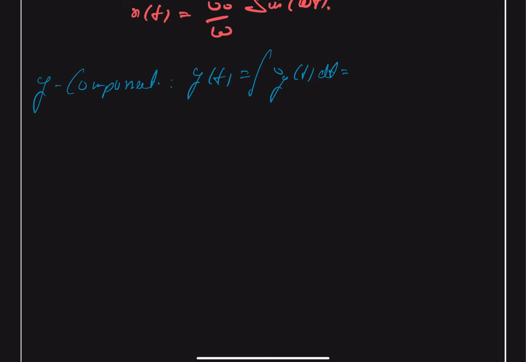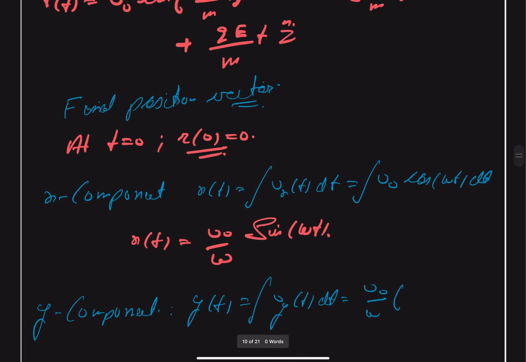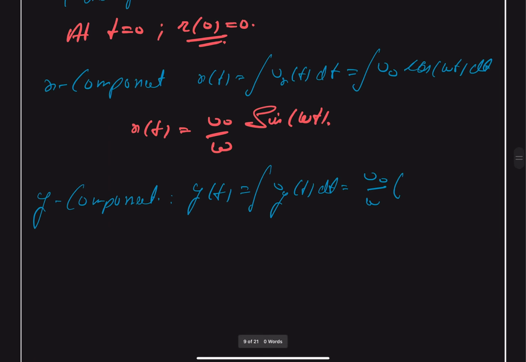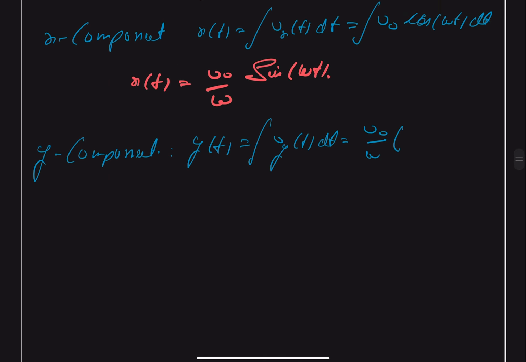Substitute the value, we are going to get v naught upon omega. One second, what is our vy of t? vy of t is minus v naught sine omega t. So this comes as v naught upon omega and sine comes as cos omega t.